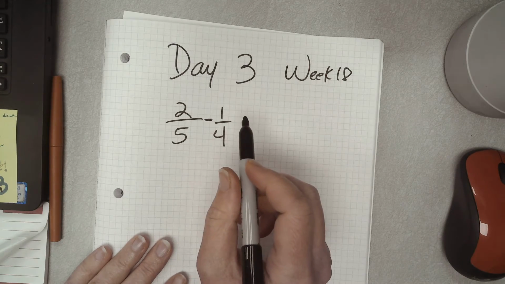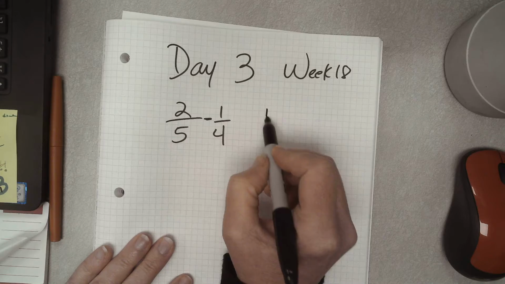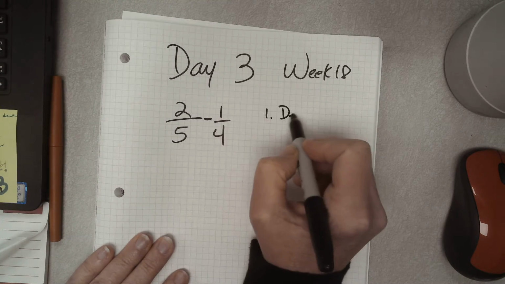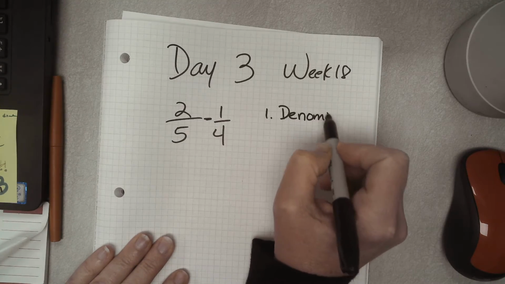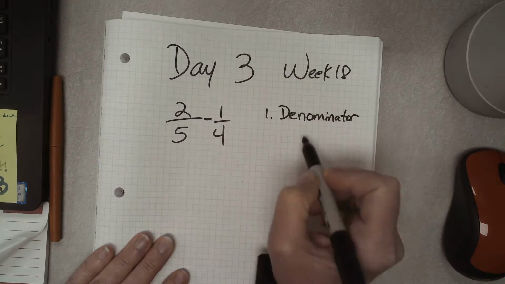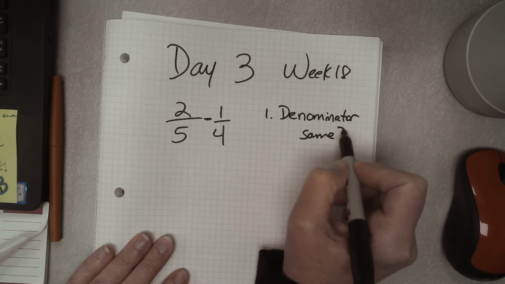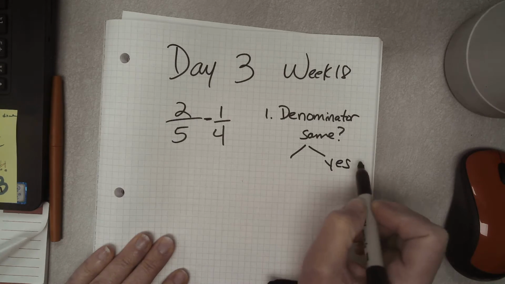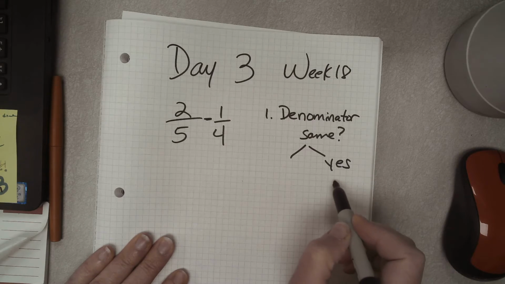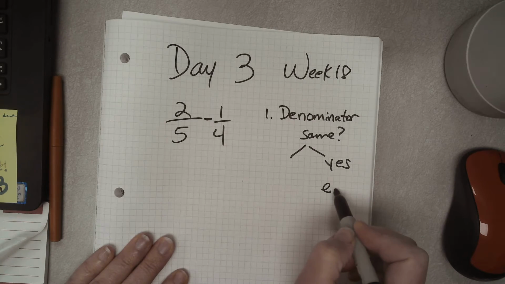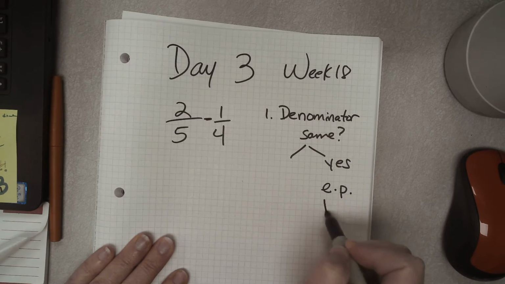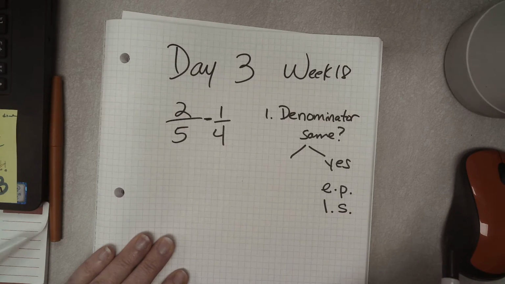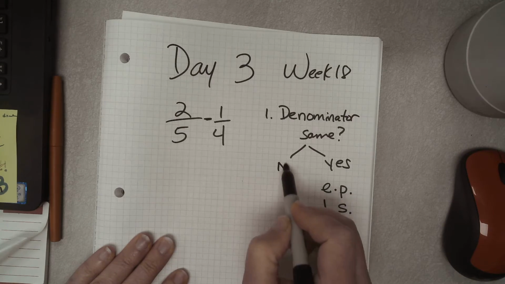So our first thing we're asking ourselves, step 1, is we're looking at the denominator. Are they the same? If the answer is yes, easy peasy lemon squeezy. If it's no, what do I have to do?